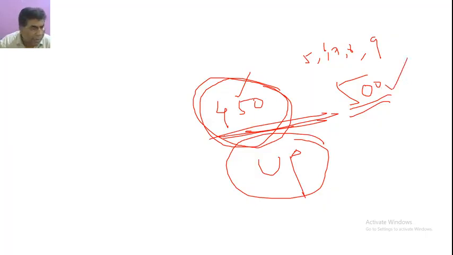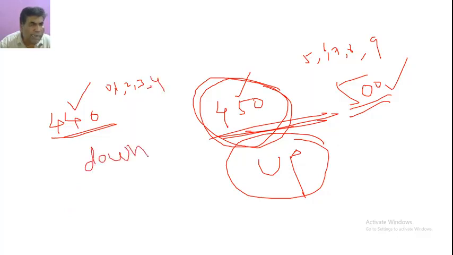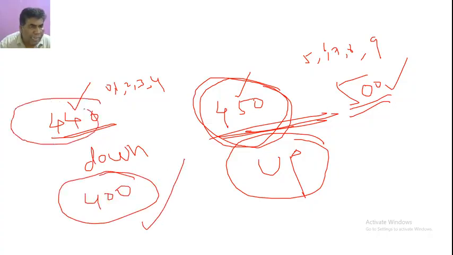If they give 440, then in the units place we have 4. If we have 0, 1, 2, 3, 4 in the units place, then you have to round down. So for 440, 400 is the right answer, but for 450, 500 is the right answer.